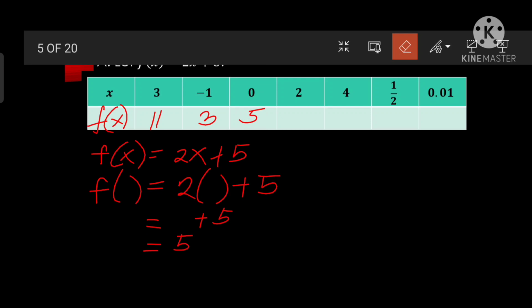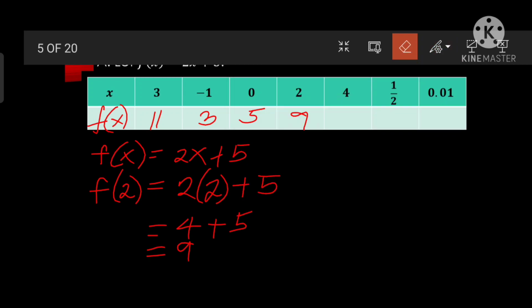This time, our x is equal to 2. So 2 times 2 is equal to 4, and then plus 5 is equal to 9. So this is equal to 9.